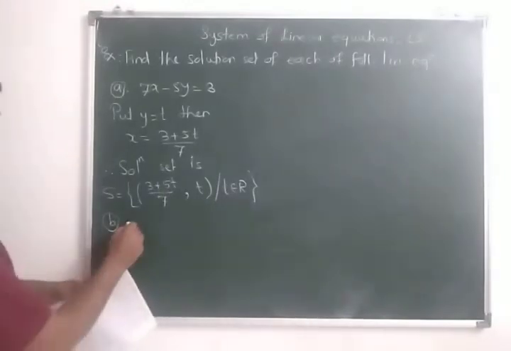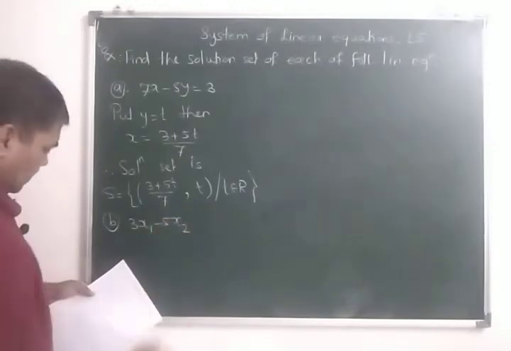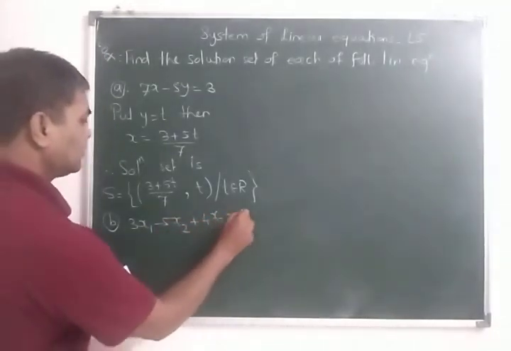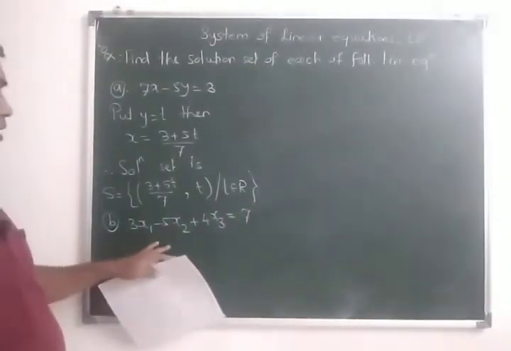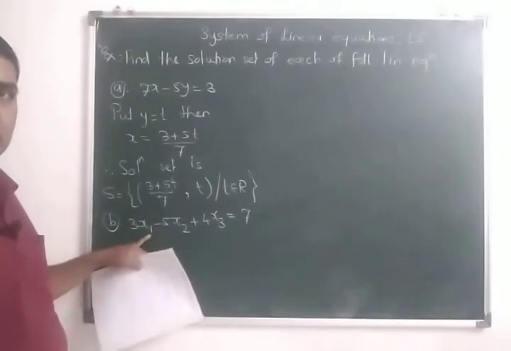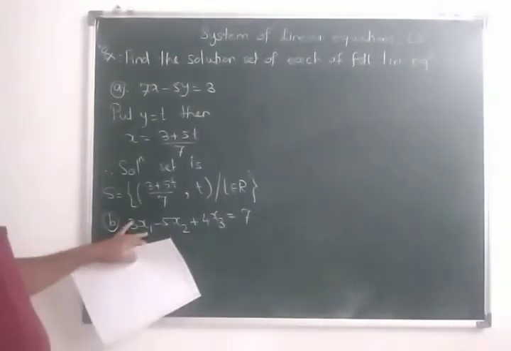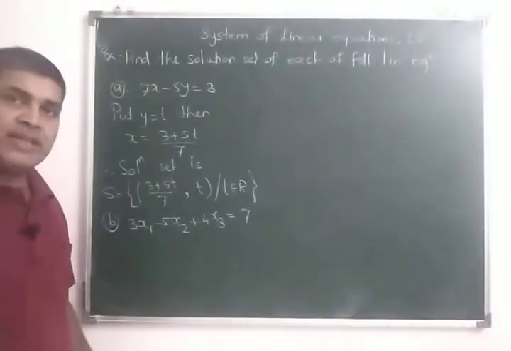Then the second equation: 3x1 minus 5x2 plus 4x3 is equal to 7. Again there is only one linear equation in three unknown variables x1, x2, x3. So x1 is a leading variable for this equation, x2 and x3 are free variables.